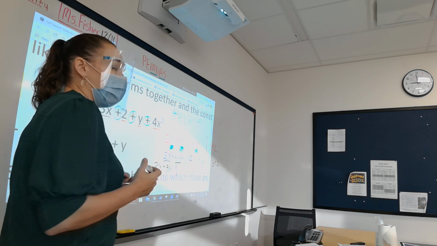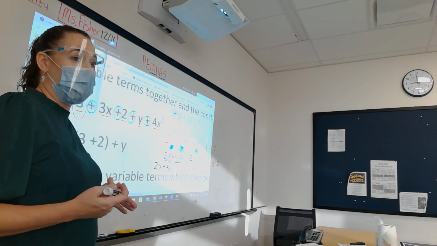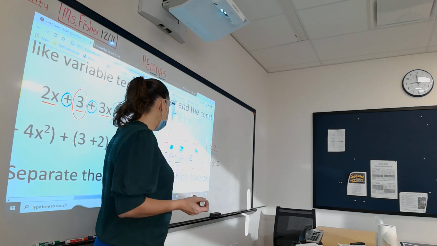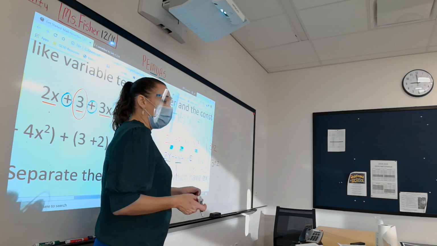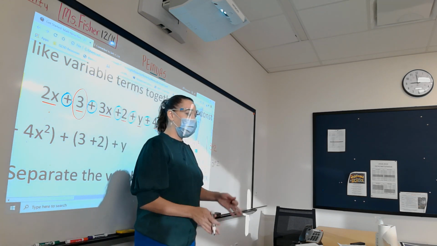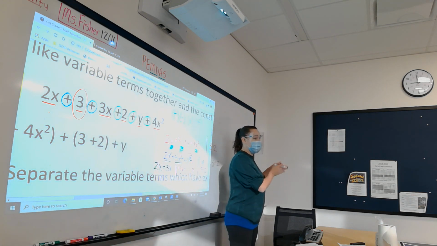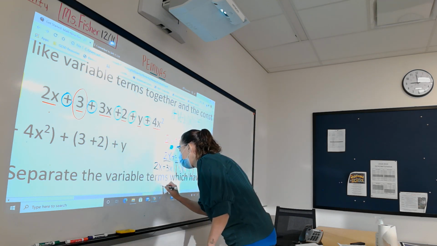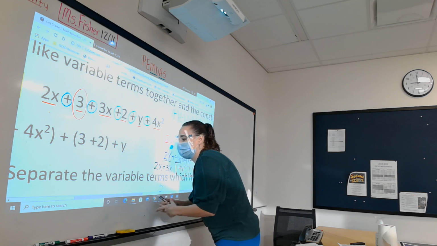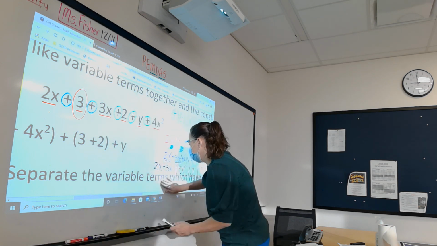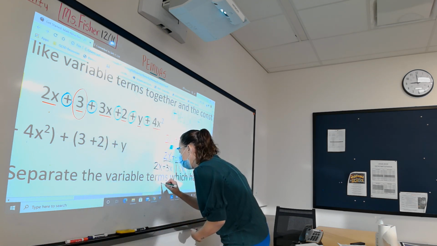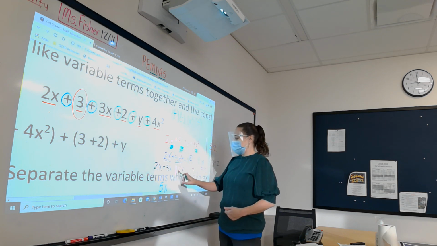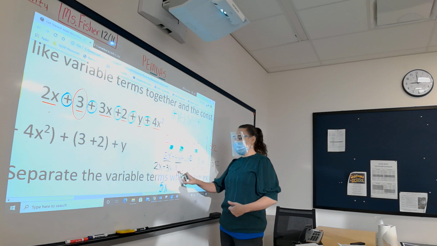So the first thing I'm going to do is combine my like terms to make it easier. So 2 plus 3 is 5. If I have 2 x's and I add another 3 x's, I now have 5 x's. So I have 5x. That says 4x squared, and it's positive.